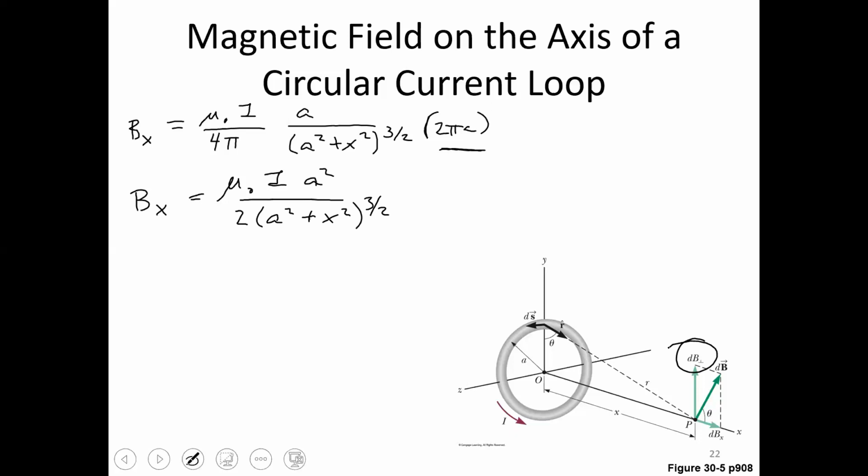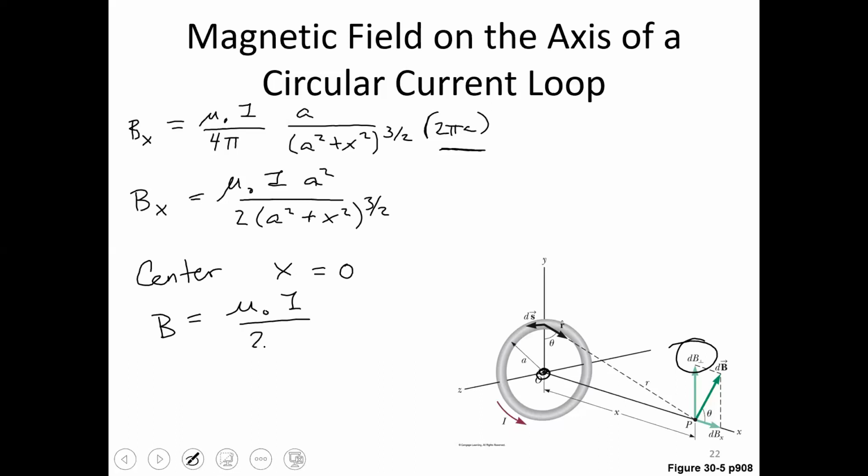And we can double check that again with the right-hand rule. At the center of the loop, remember I said that was a point we defined as x equals 0, right? So at the center of the loop, our magnetic field looks like mu 0 times I. X equals 0, so this bottom part becomes 2a squared to the 3/2 power.